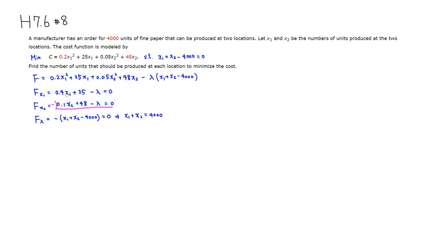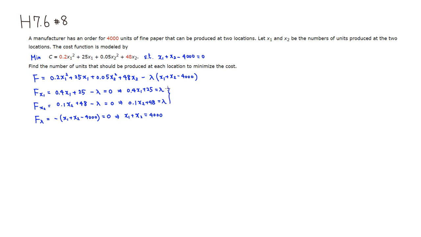Oh, actually, sorry, I probably don't want to do it like that. How about this? I'm going to combine these two. Since both of them are equal to lambda, we have 0.4 x1 plus 25 is equal to lambda, and from here, 0.1 x2 plus 48 is equal to lambda, right?